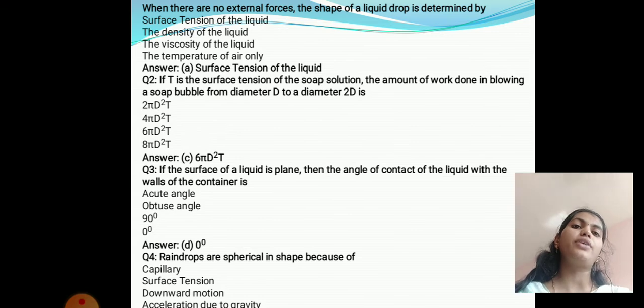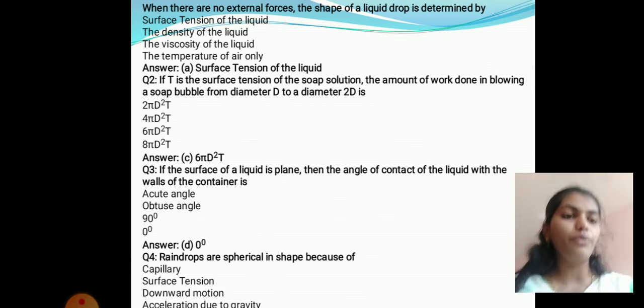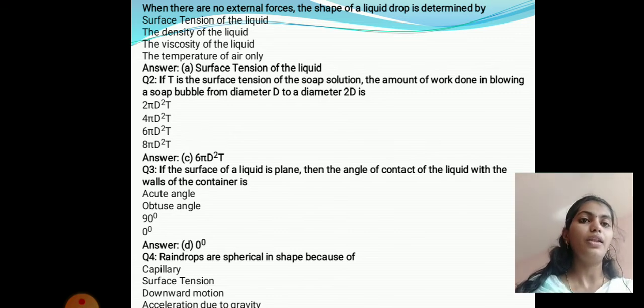Some MCQs are there. When there are no external forces, the shape of a liquid drop is determined by what? The options are surface tension of the liquid, the density of the liquid, viscosity of the liquid, and temperature of air only.